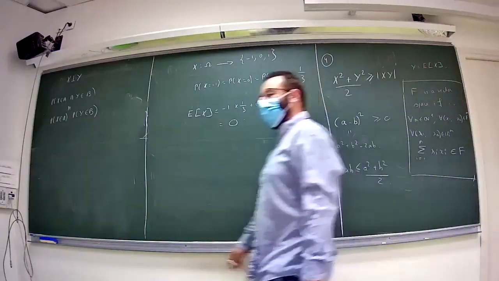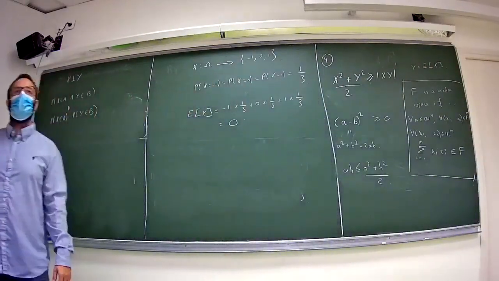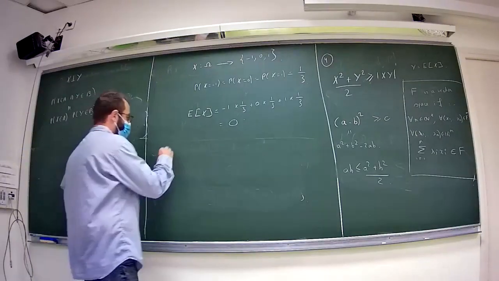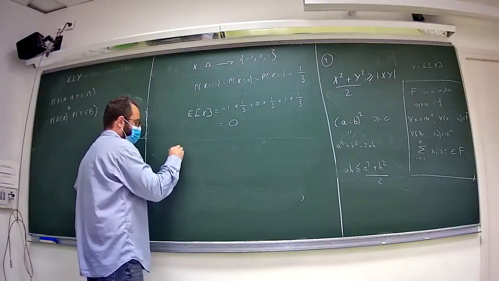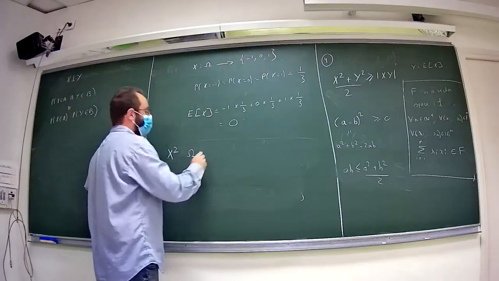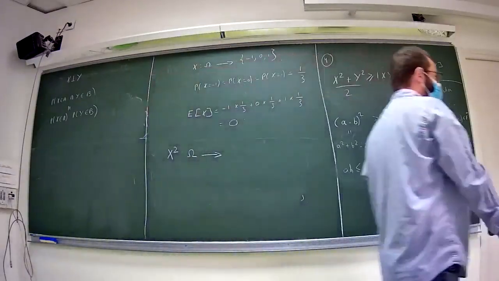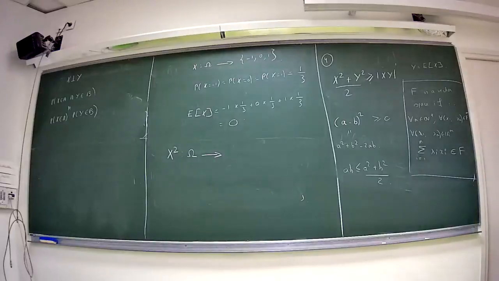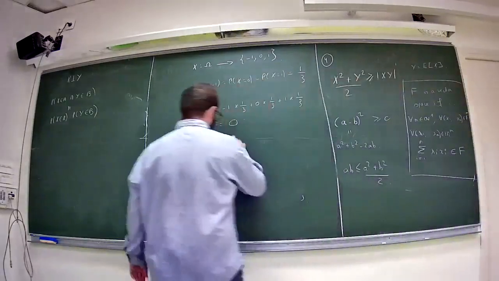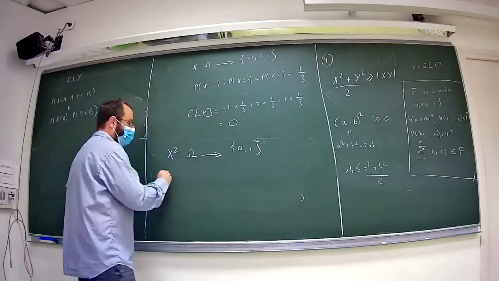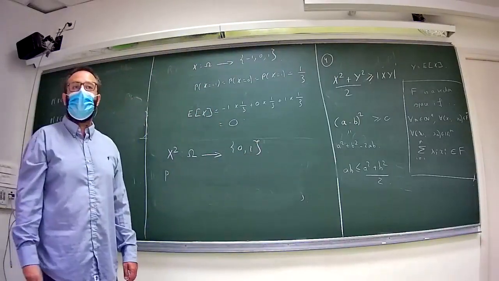Now I said that I am interested in X squared. So X squared is also a random variable. What are the possible values for X squared? 0 and 1 in this situation. So I can find the distribution of X squared.